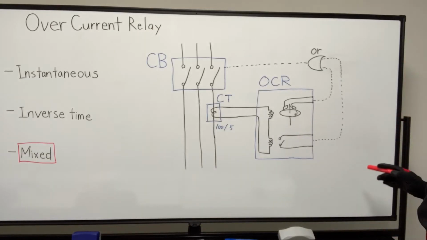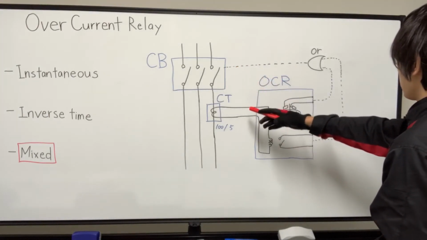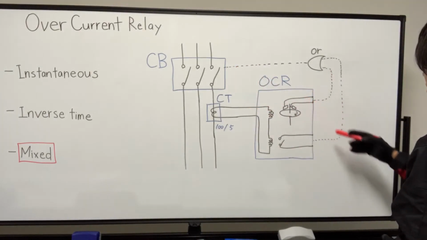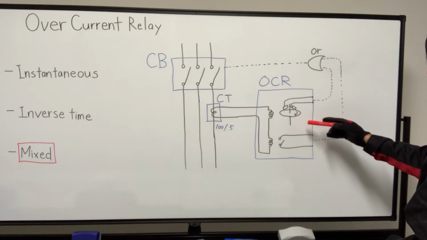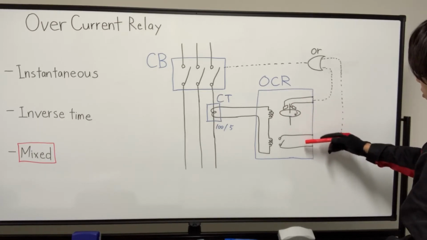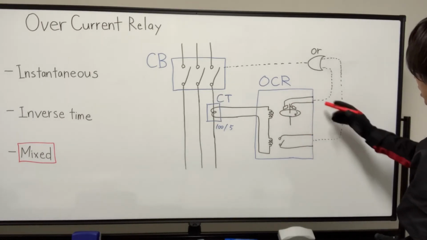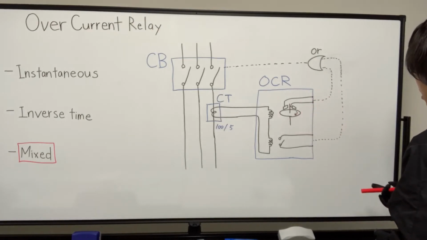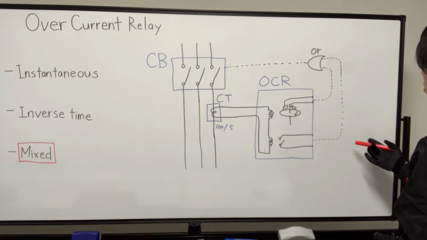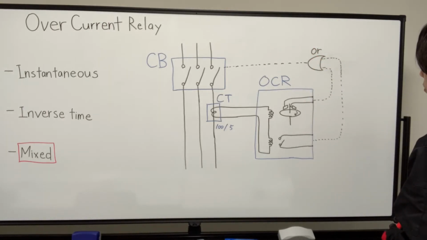So this is a diagram of the combination of circuit breaker, current transformer, and overcurrent relay. And this relay is a mixed type, so inverse and instantaneous. Both have a trip signal contact respectively, and when either contact operates, a trip signal is transmitted to the circuit breaker.